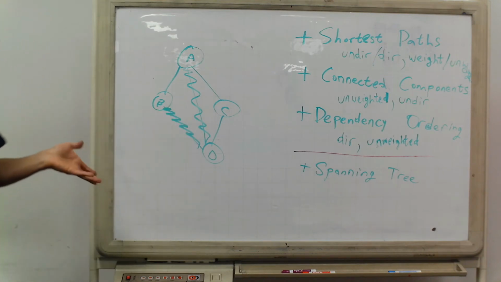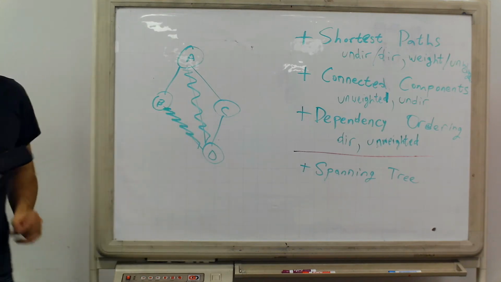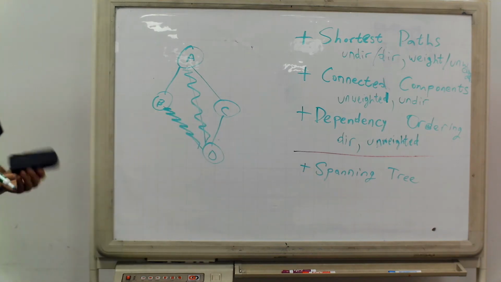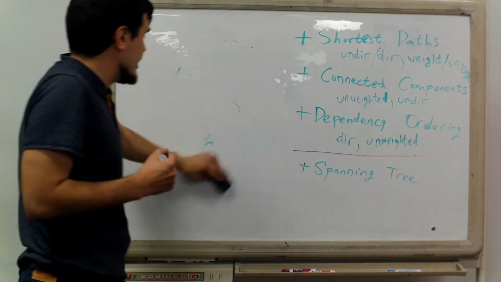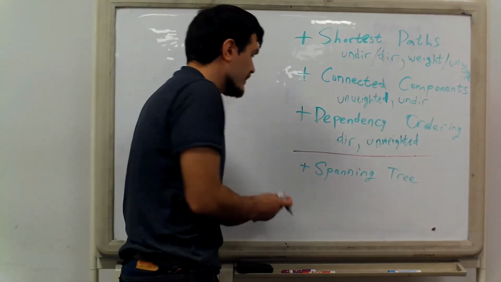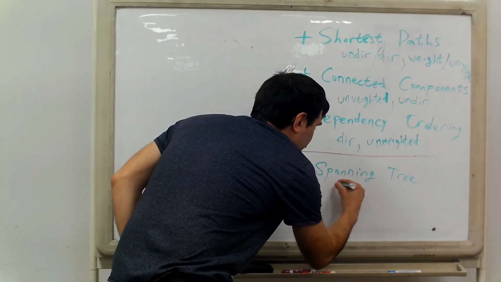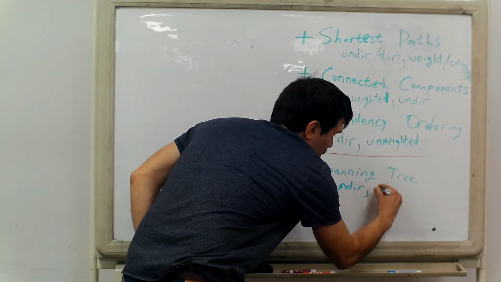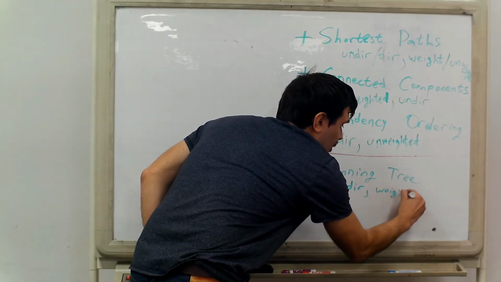In the case of a weighted problem, it's a little more complicated because it has to delete the most expensive edges. So that's just another one.